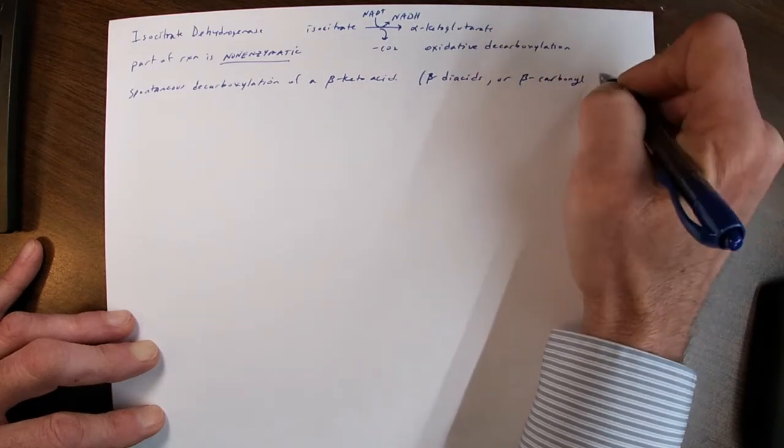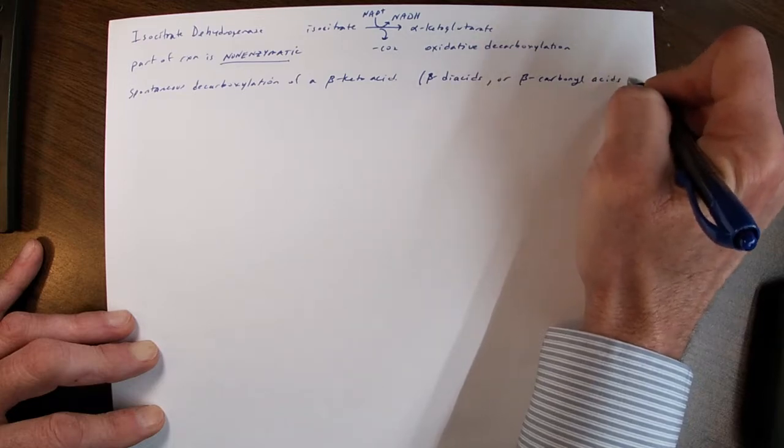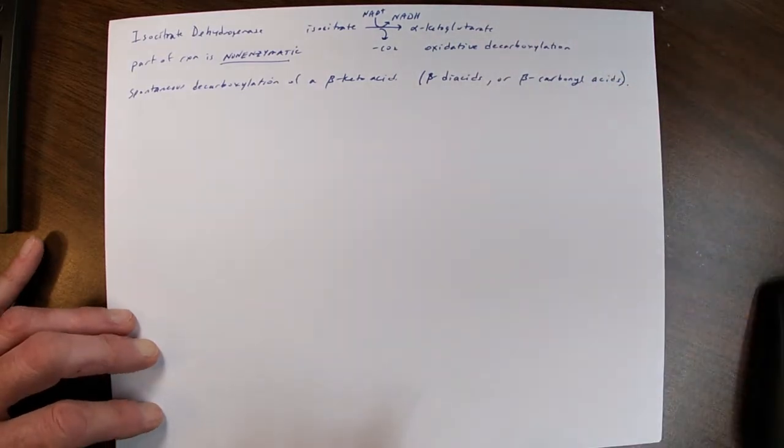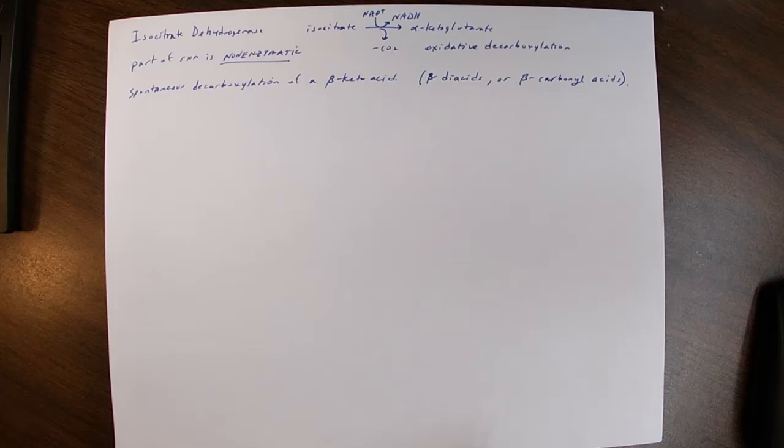So other beta carbonyl acids. Okay. And in your organic chemistry, you see a lot of this, okay? And I'll remind you real quick of two reactions that you would see in organic chemistry, the acetoacetic ester synthesis and the malonic ester synthesis. And those are ones that involve the decarboxylation of beta keto acids.